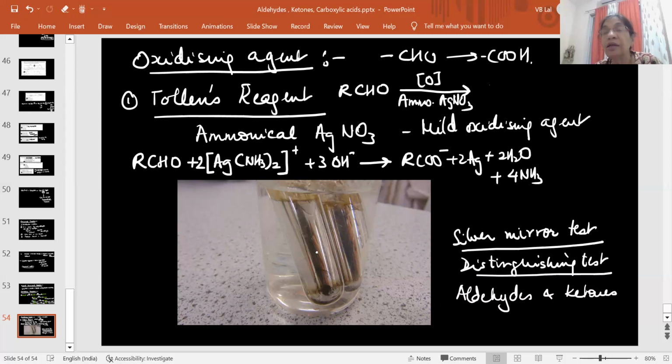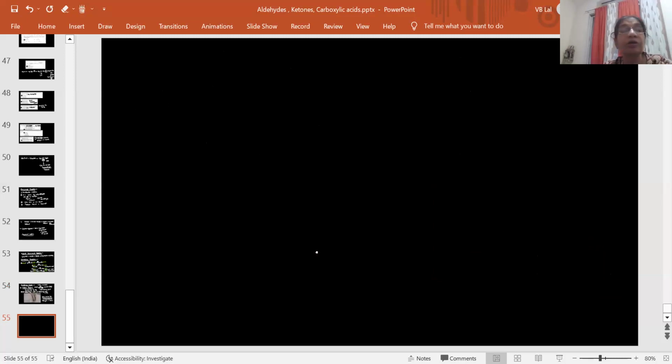And then here you can directly write RCOOH. And as a byproduct, you must mention formation of Ag, because that is the silver which is deposited on the walls of the test tube. So this reaction has a visible observation, and that is why the reaction is very, very important and very useful.